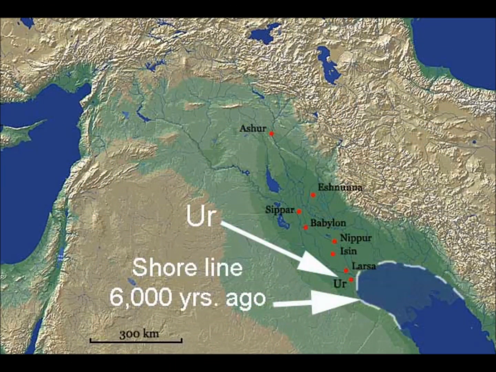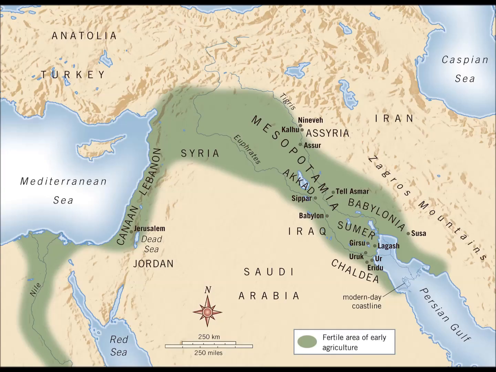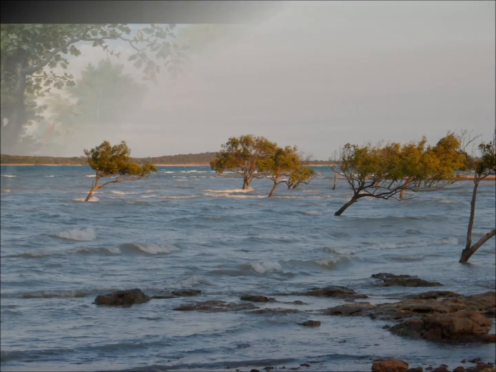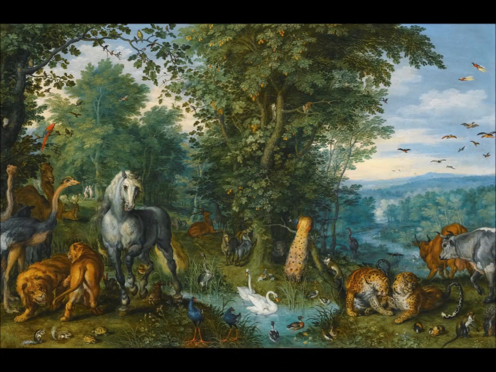Now, during this time, the waters of the Persian Gulf were even higher than they are now, and Ur was a port city close to the head of the Gulf. So, the Garden of Eden can be associated with the development of very early civilizations, especially Ur. In fact, the waters of the Persian Gulf started to flood the area of the garden about 6,000 years ago, right about the same time as the development of the city of Ur.